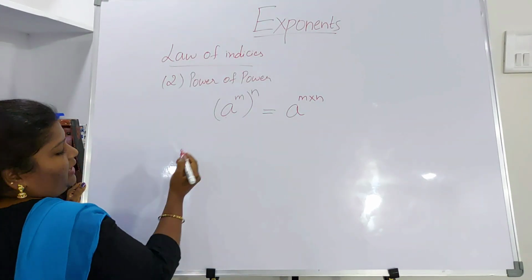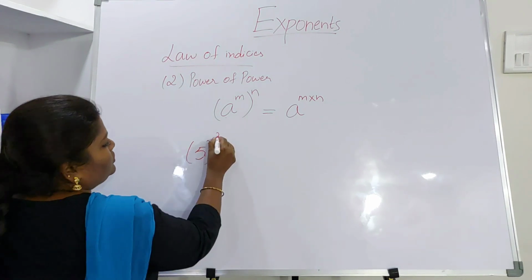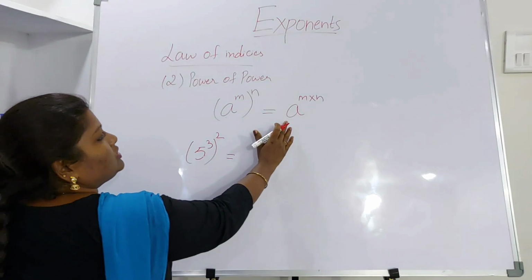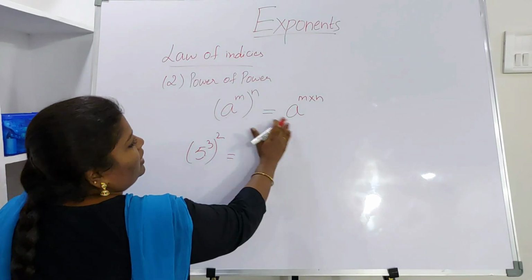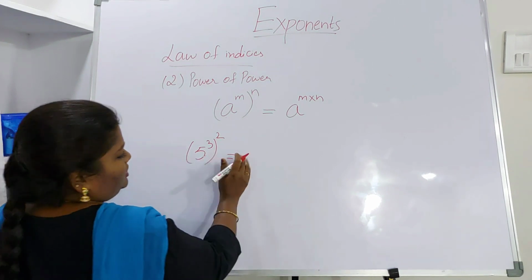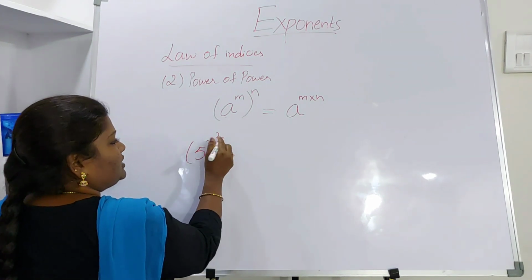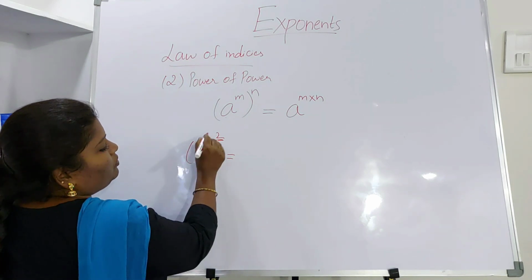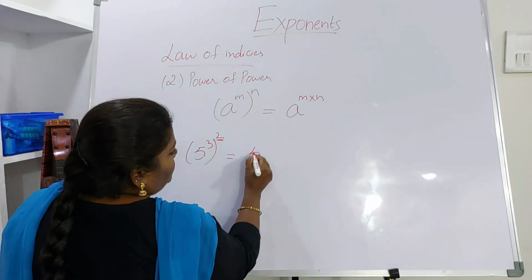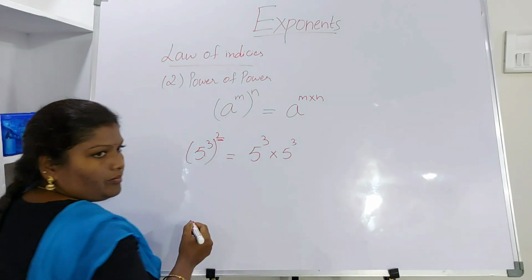I'll explain by taking an example: 5 cube whole to the power of 2. Without using the formula, I'm going to explain by normal expansion. Here 5 cube whole power 2 means 5 cube is multiplied 2 times.